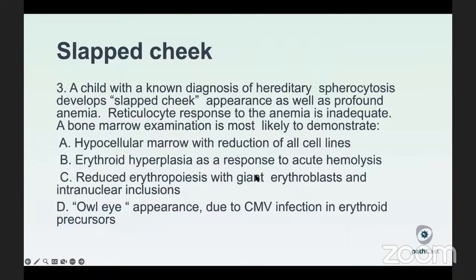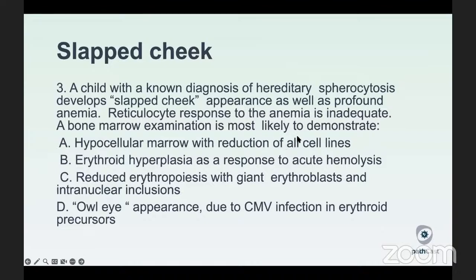Slapped cheek syndrome. We have a child with hereditary spherocytosis and slapped cheek. The reticulocytic response to anemia is inadequate. A bone marrow examination is most likely to show which one of the following? Slapped cheek syndrome, or erythema infectiosum, is a viral infection caused by parvovirus.